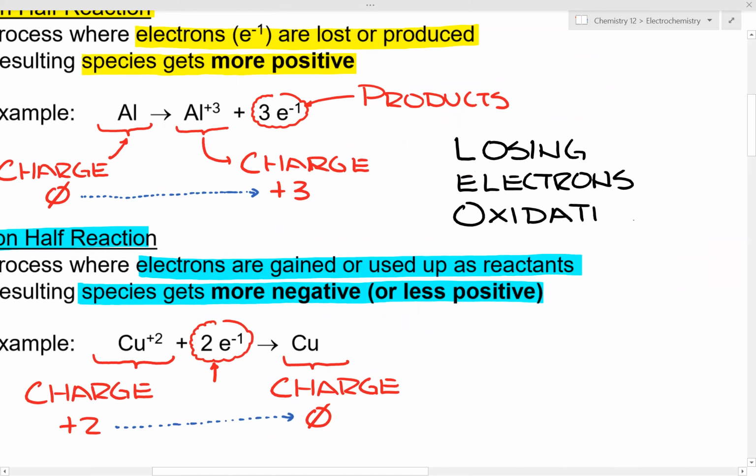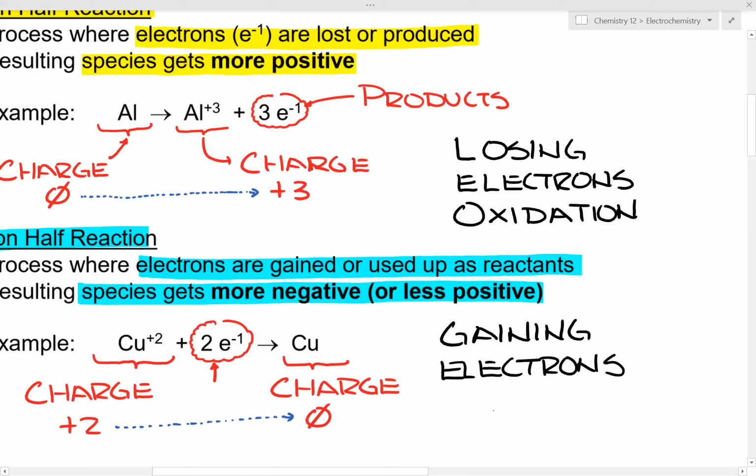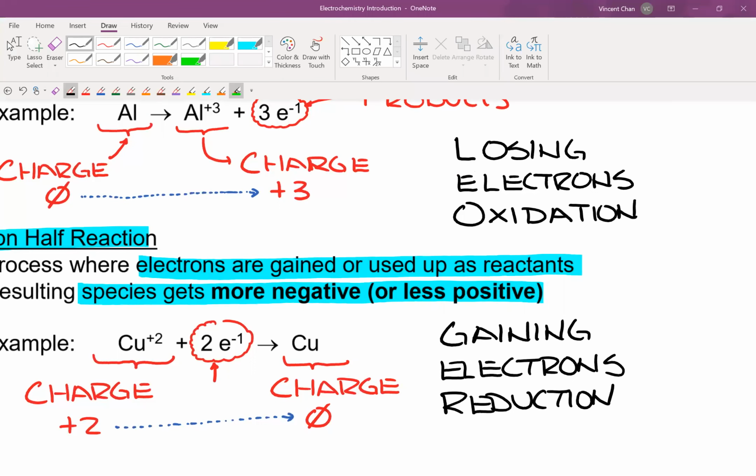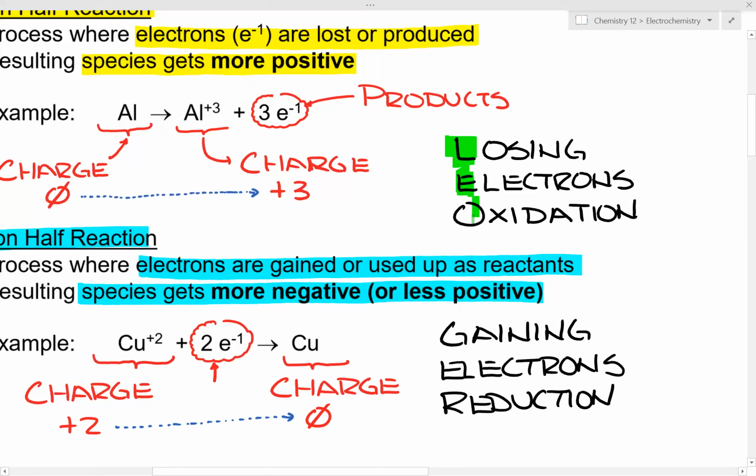And you have gaining electrons is reduction. Okay, so if I highlight this, losing electrons is oxidation, so LEO; gaining electrons is reduction, so LEO says GER.